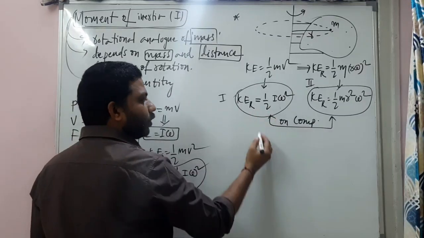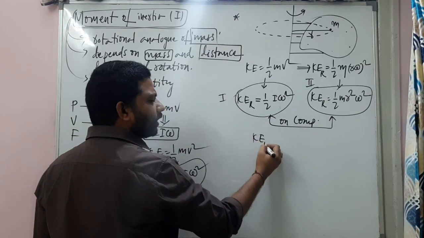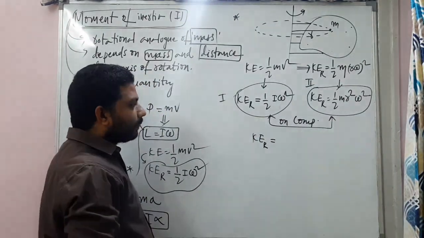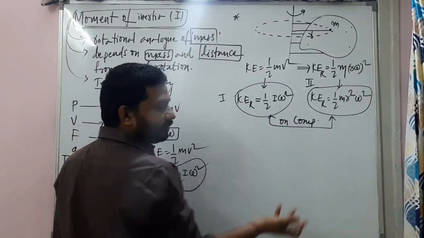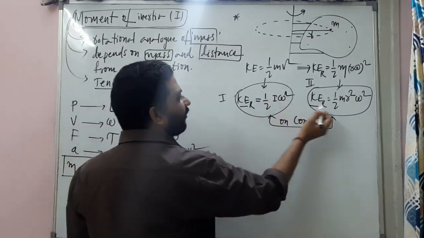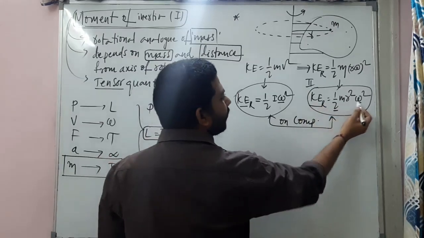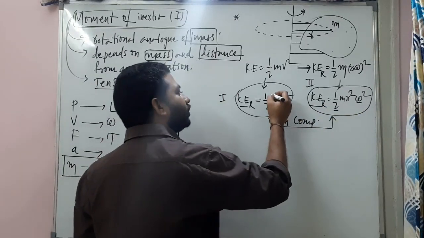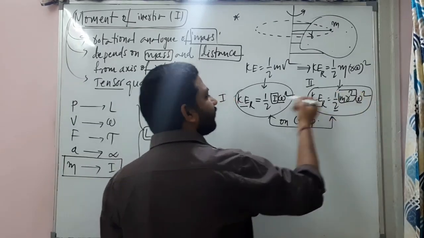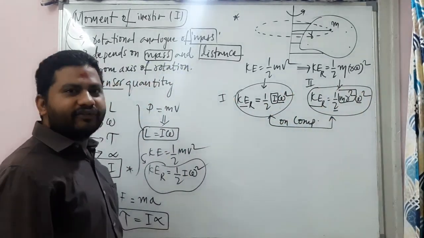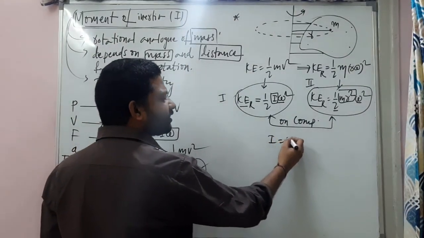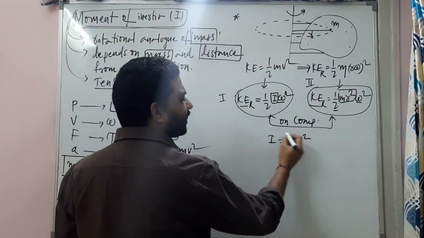Half, omega square, and what is left here? This is I, and this is mr square. In the place of I, what is there? It's mr square. So the moment of inertia, I can write as mr square.